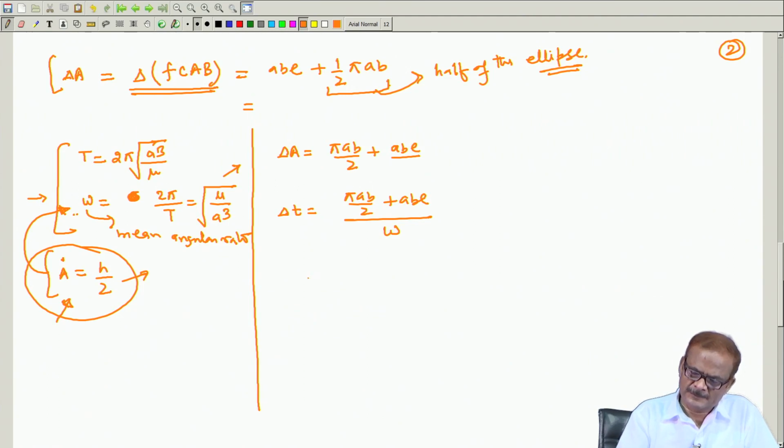And then we can insert the value here, pi by 2 a b, and omega is mu by a q under root. So this goes as a q by mu under root.